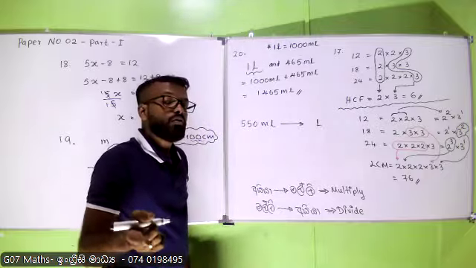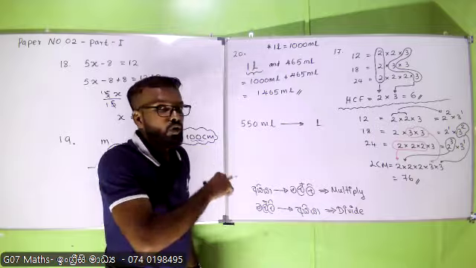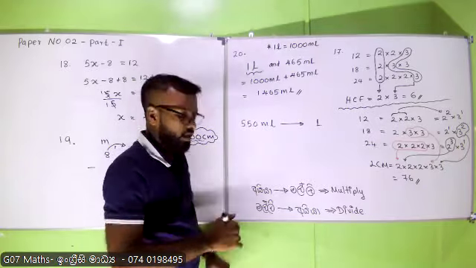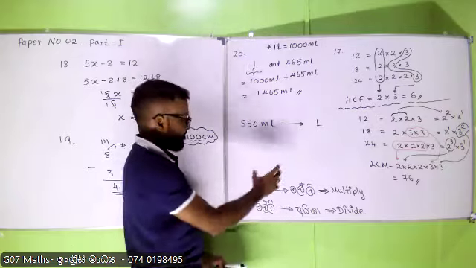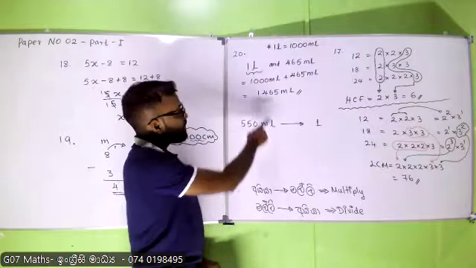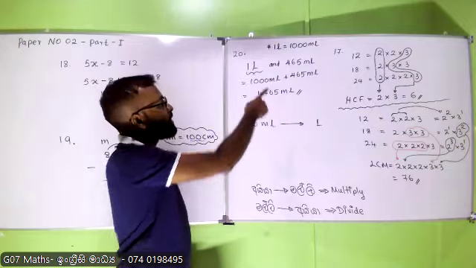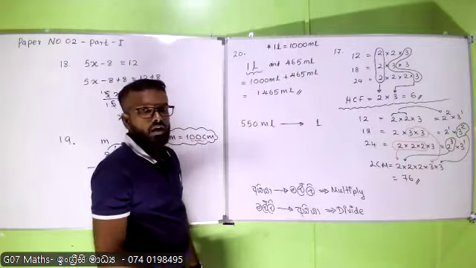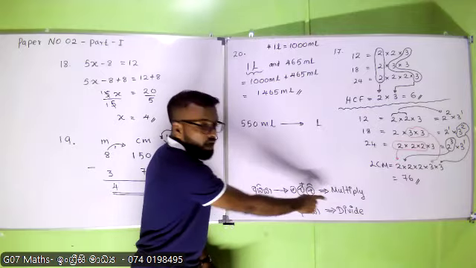But you need to know, when you are dividing and multiplying, what would be the number that you are going to multiply, and what would be the number you are going to divide? Liter into milli, multiply by 1000. 1 multiplied by 1000, 1000 milliliters. Milli into elder, divide.